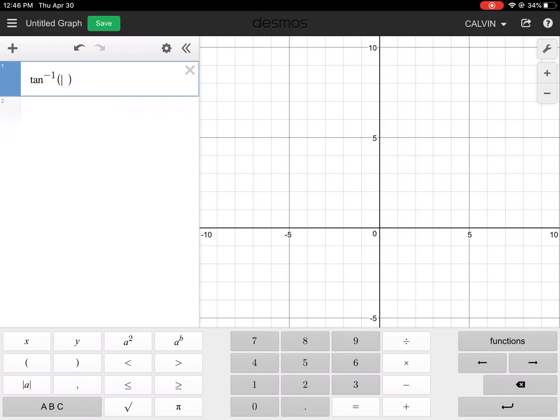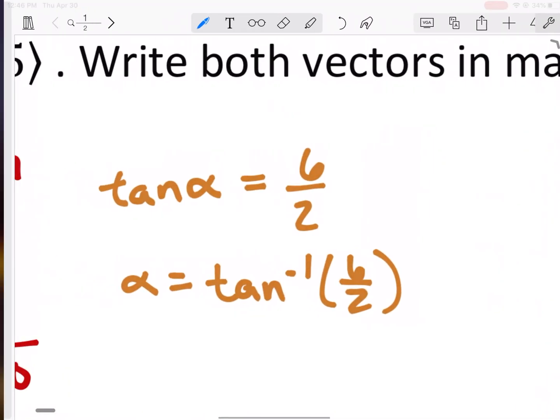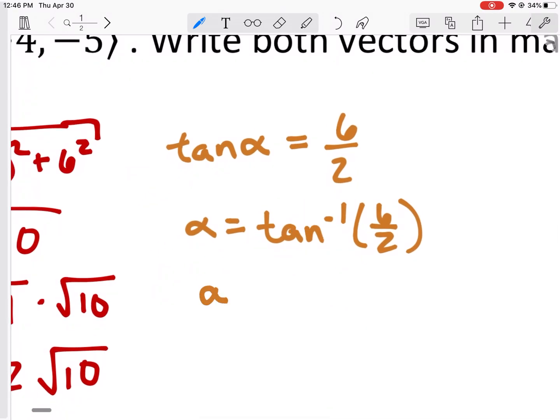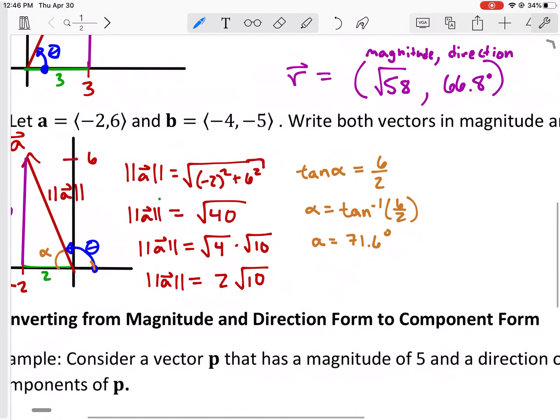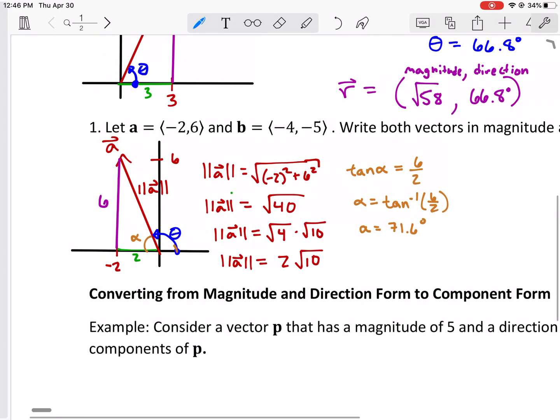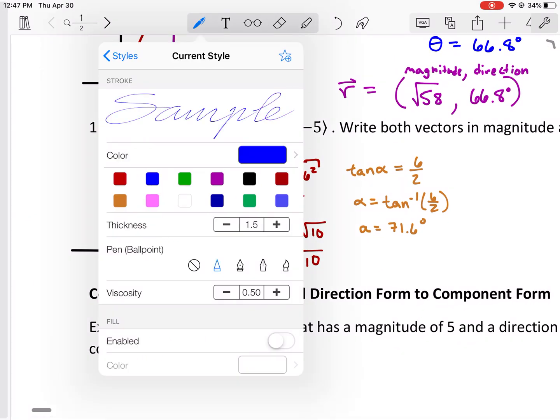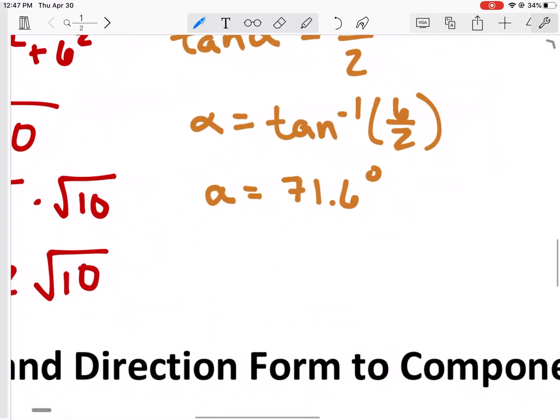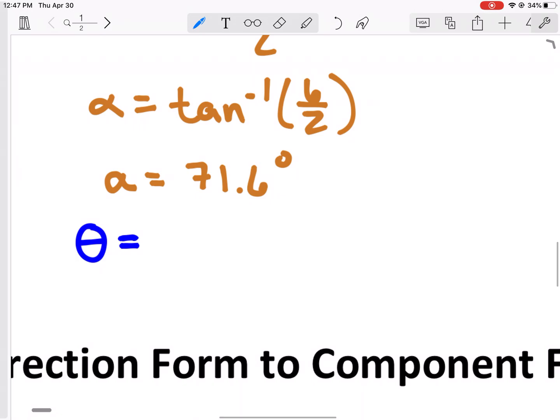Calculate that. Could just enter 3 if you wanted. Either way, you get 71.6 degrees approximately. It's not exactly what we wanted. We wanted theta. So to find theta, it will be equal to 180 degrees minus what we just found for alpha.